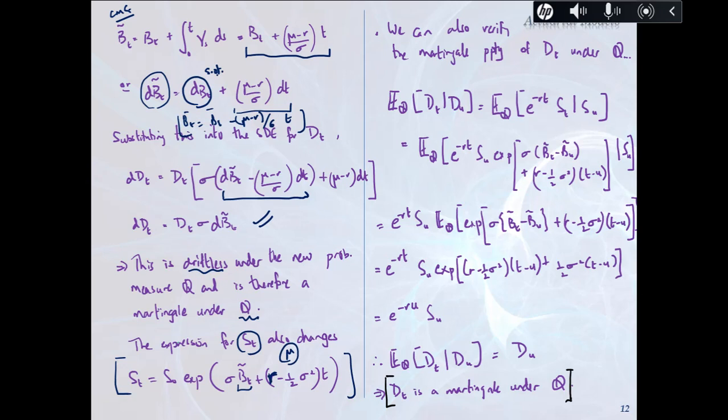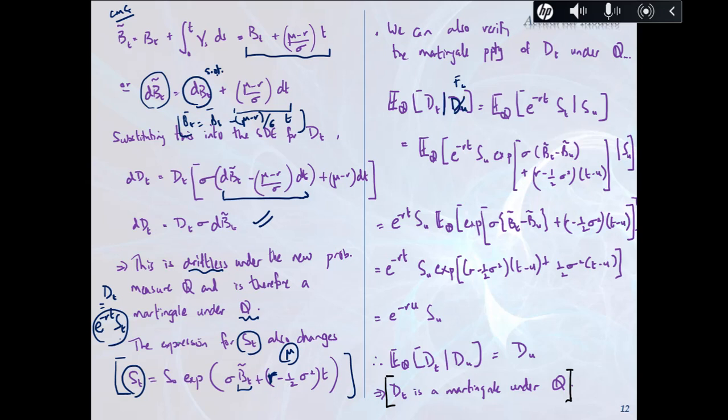Okay, so this is not a martingale. Okay, it is the discounted value D_t which is a martingale. Okay, good. So we can verify that martingale property, so the expectation under Q of D_t given F_u. So you can put it F_u.